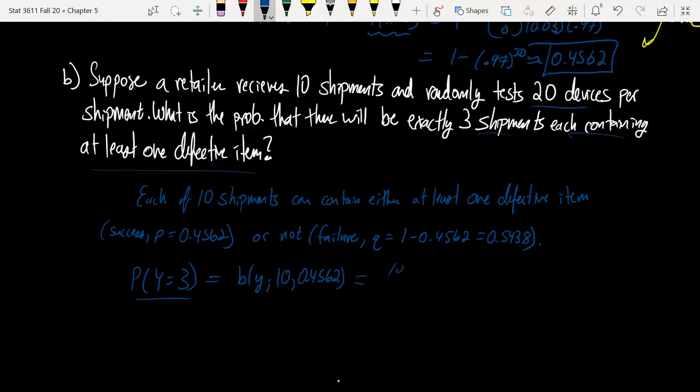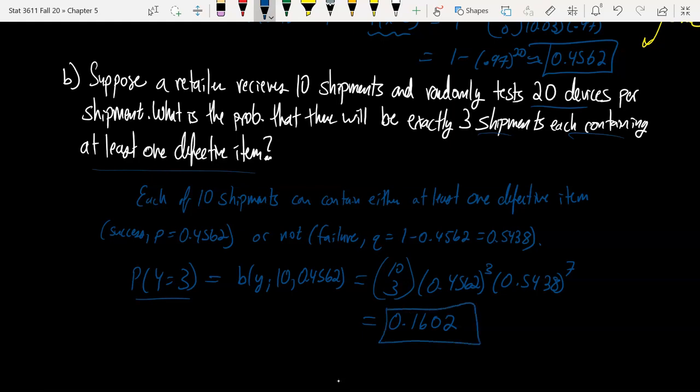There's 10 shipments. Choose 3 of them to be successes. Your success probability is 0.4562 cubed, there are 3 successes. The rest are failures. Failure probability is 0.5438, and there are 7 failures, so we run that through a calculator. Rounding off to about 4 places, I've got about 0.1602.